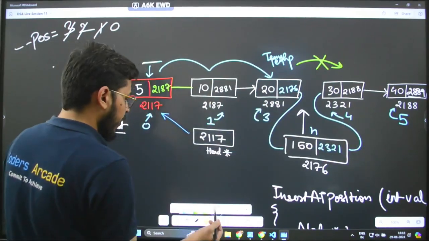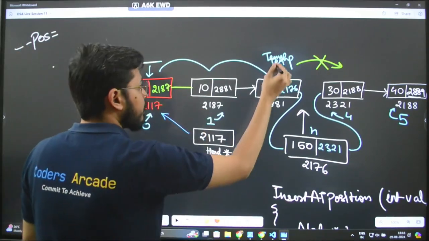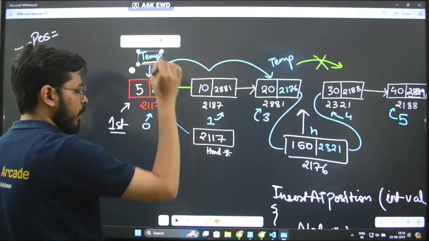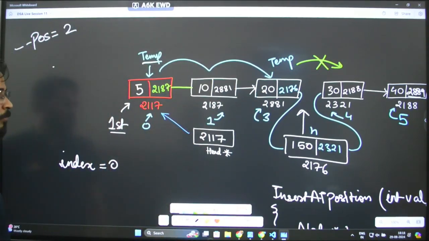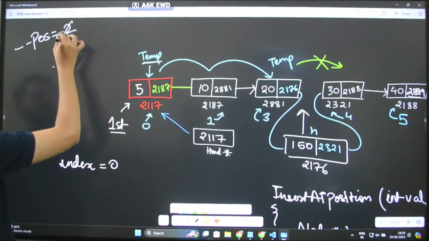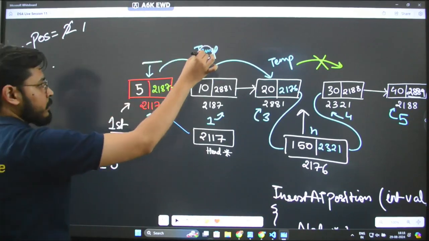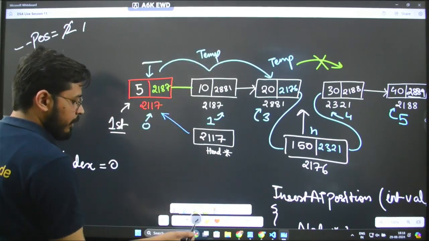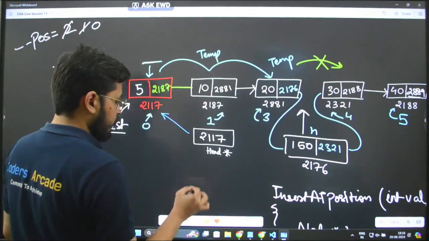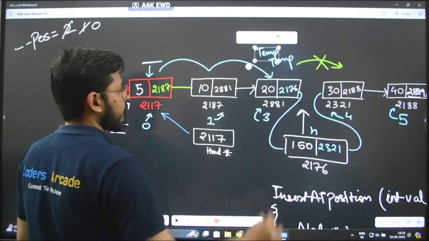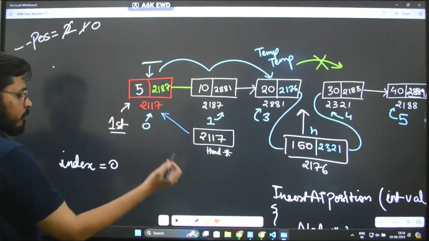At that point of time, let us say it was just 2 only. I will do it again. Let us say position is 2. So what you do is decrement it, and then you ask temp to go to the next. Then you decrement it, then you ask temp to move to the next. Now temp has reached here, position cannot decrement anymore. Why?